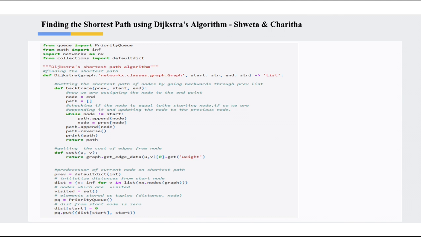So here, as I have already said, we have taken the starting point and a destination which our user chooses as an input, and next we are assuming the node to be the end point and checking if the node is equal to the starting node. If it is so, then we are appending it and updating the node to the previous node. So next we get the costs of the nodes.